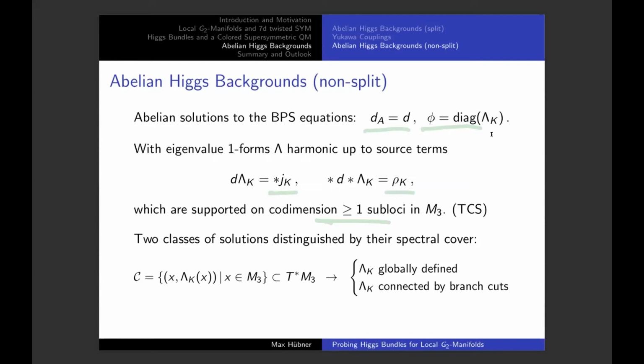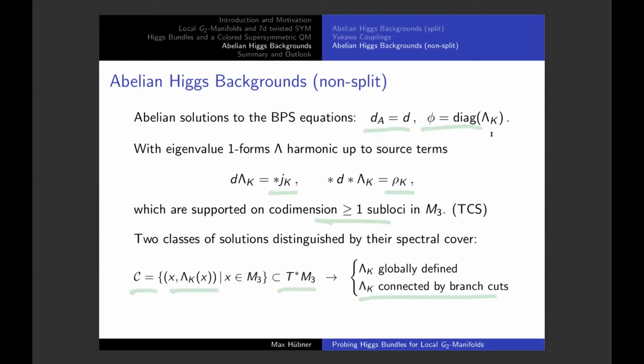Higgs field solutions to these equations are distinguished by their spectral cover. So the spectral cover is nothing but the union of the graphs of the eigenvalues in the cotangent bundle, and can have one of two properties. Either the eigenvalues are globally defined, this is the case we discussed before, or the eigenvalues are connected by branch cuts and are not globally defined. This is a setup one often encounters when studying local models for TCS G2 manifolds.